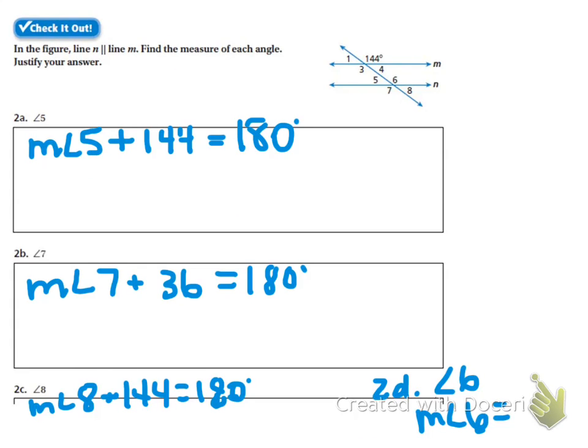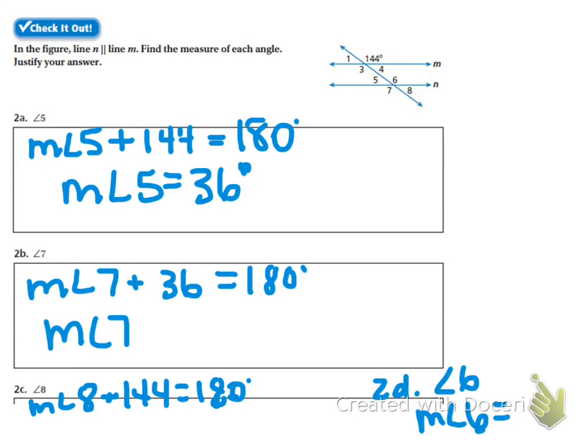So let's check out our answers for 2A. The measure of angle 5 is 36 degrees. That is correct. Letter 2B, the measure of angle 7. Yes, Miss Erica? 144 degrees. That is correct.